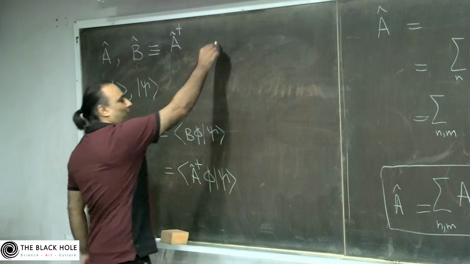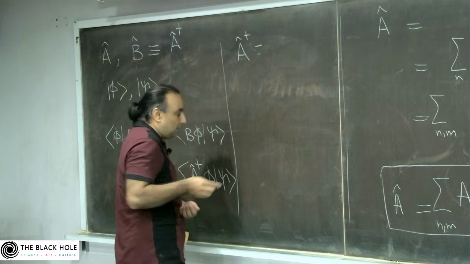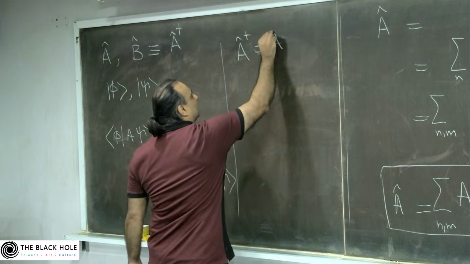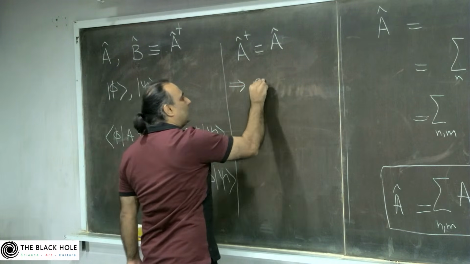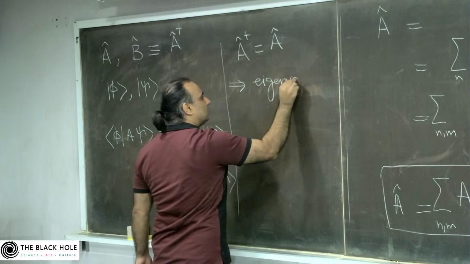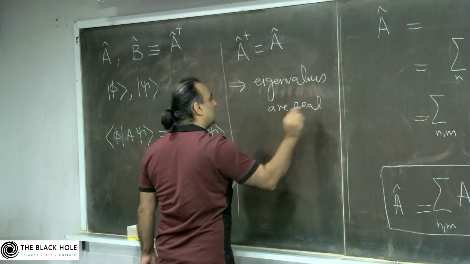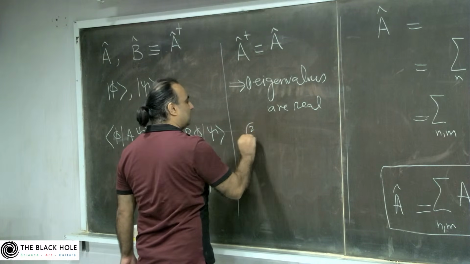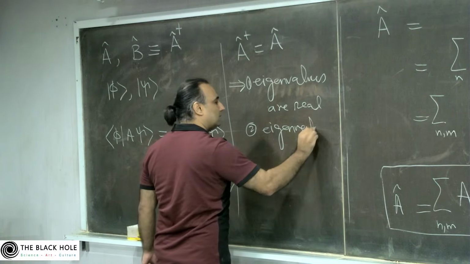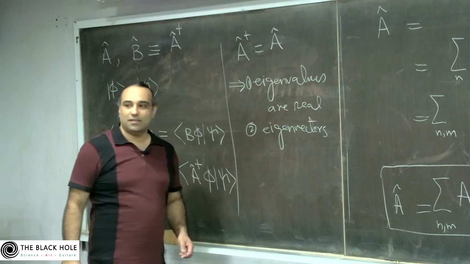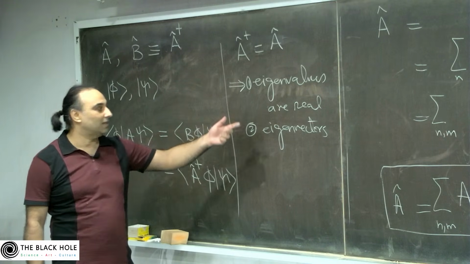Now for Hermitian operators, we discussed last time that A dagger is equal to A, and its consequences: its eigenvalues are real, and its eigenvectors make a linearly independent set, a basis set basically.